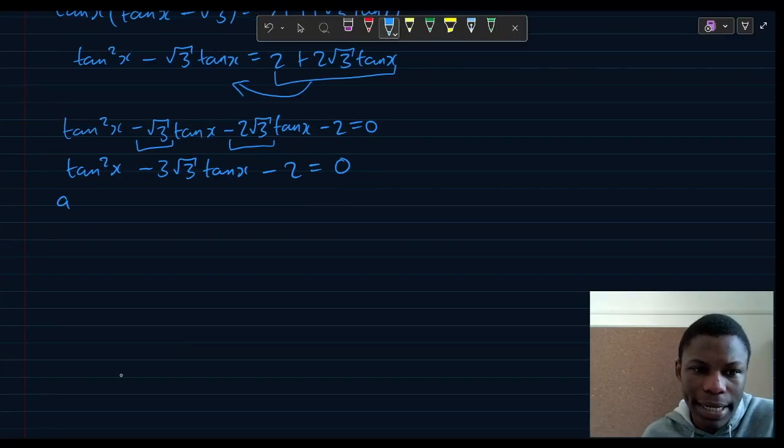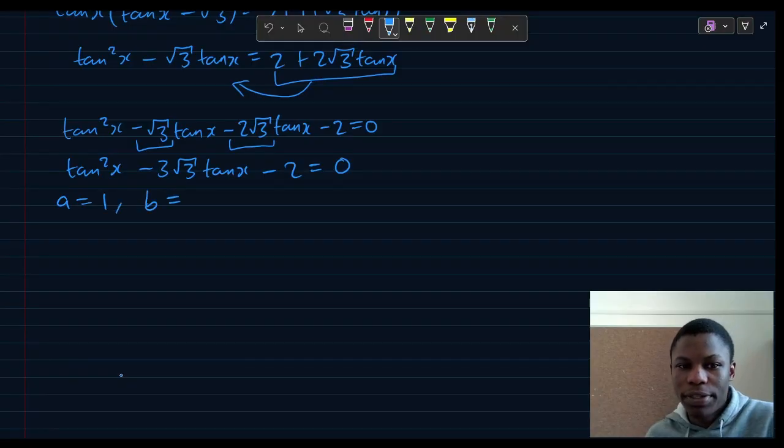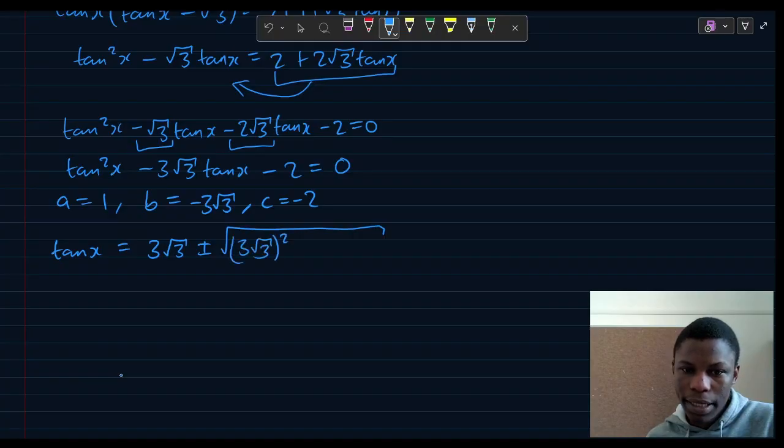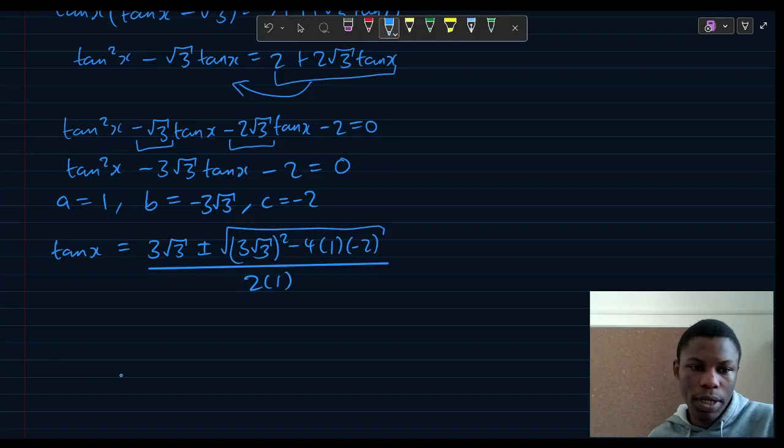So in our case, A is the coefficient on tan squared, which is 1. B is the coefficient on tan x, which is negative 3 root 3. C is the constant. And so tan x is equal to negative b, so 3 root 3, plus minus the square root of your b squared, so 3 root 3 squared, minus 4ac. And this is all over 2 times 1.